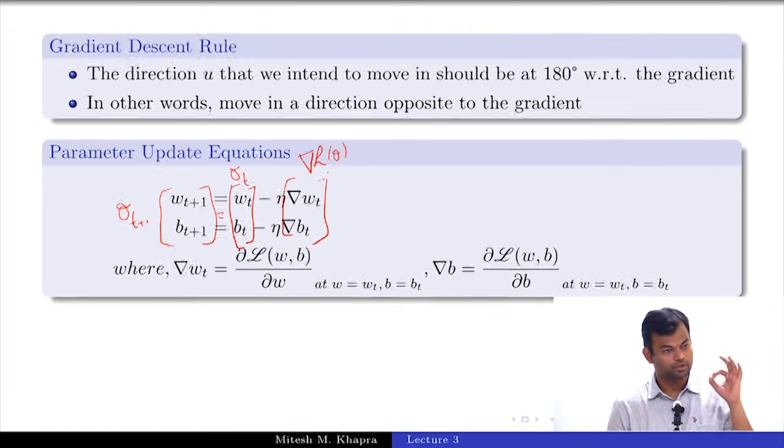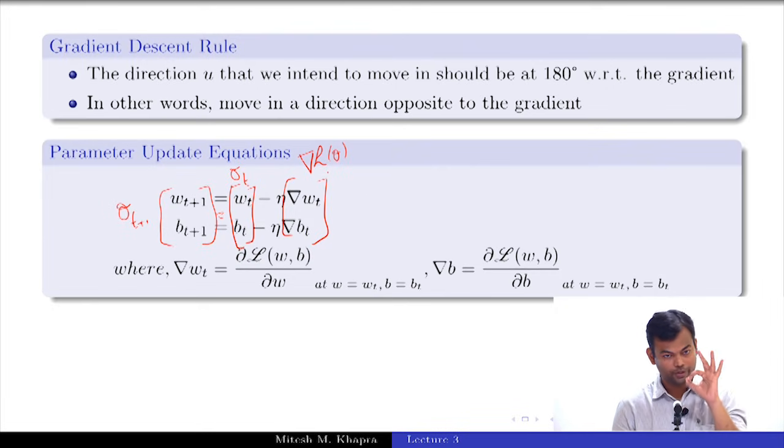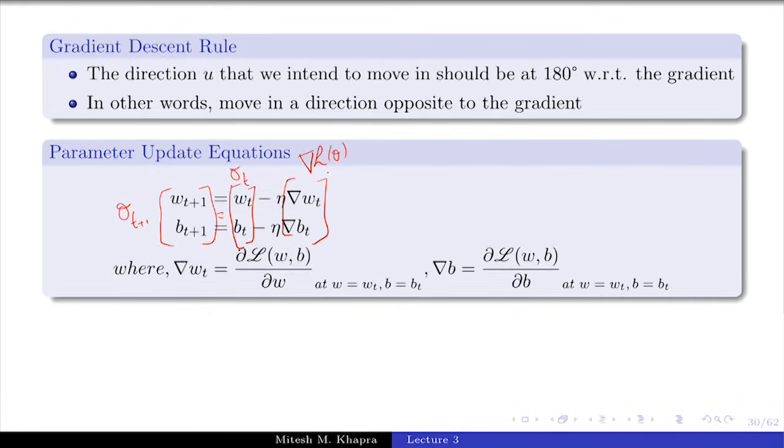So the new theta is equal to the current theta minus, why? Because we want to move in the direction opposite. So it's basically theta t plus 1 is equal to theta t plus eta into a negative direction, the direction negative to the gradient, hence you get that minus out. Okay. So is that clear?